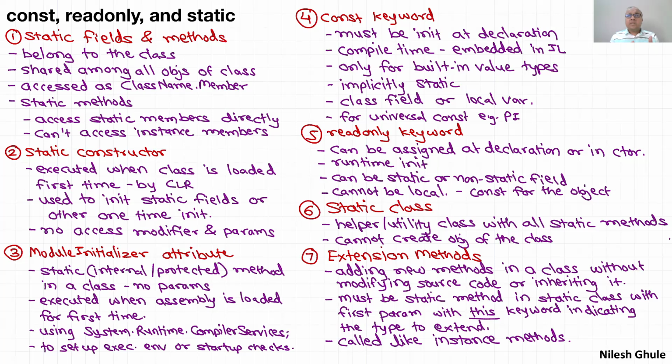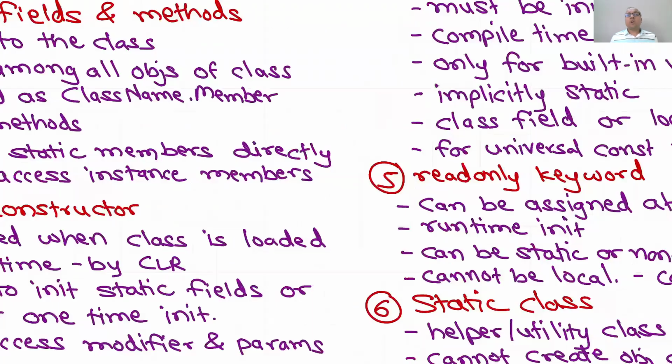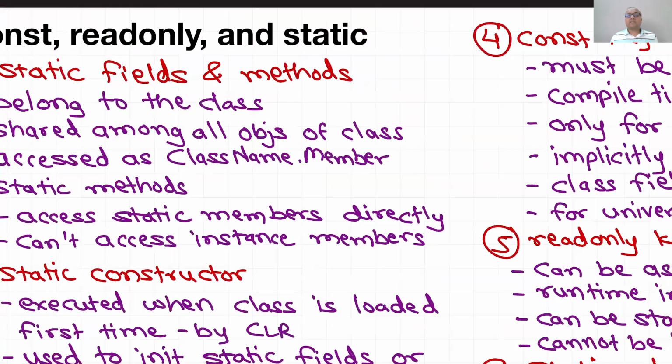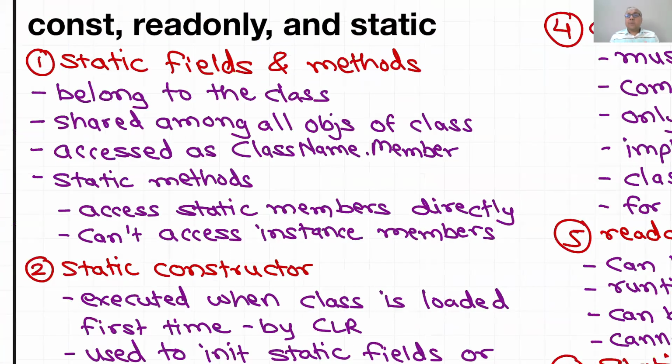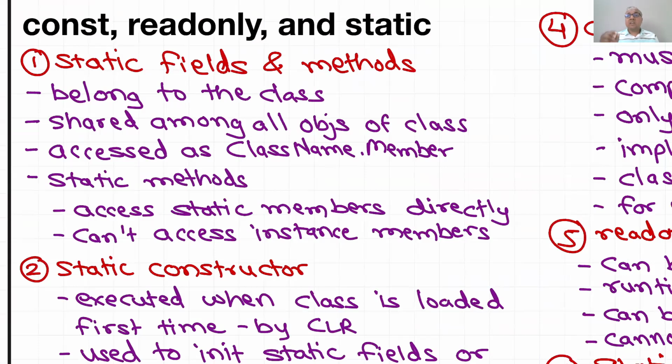And let me get started with a very basic principle of the static. So the very first question, what exactly is static? Static members are basically the members belonging to the whole class. They are not belonging to the individual object.